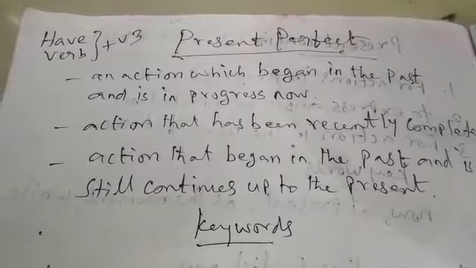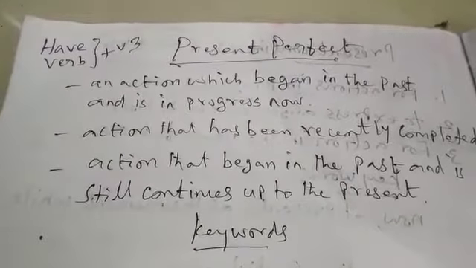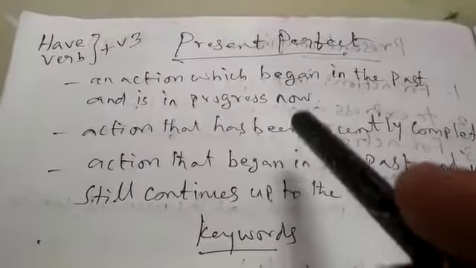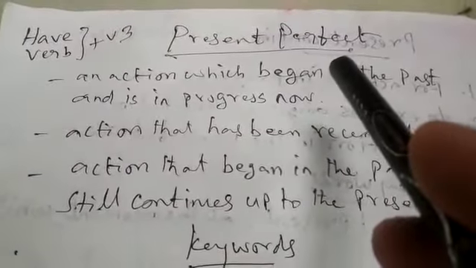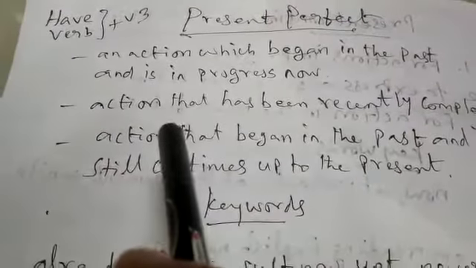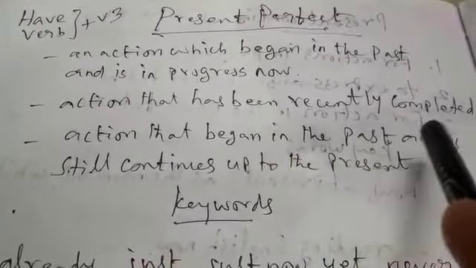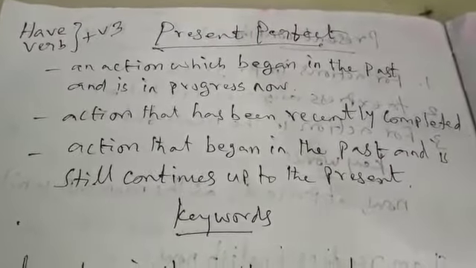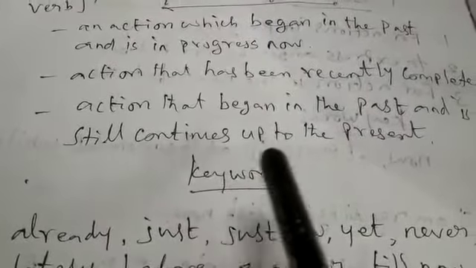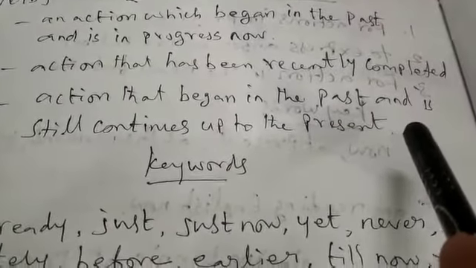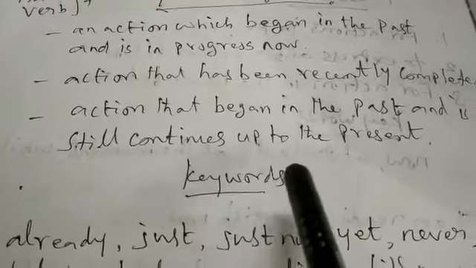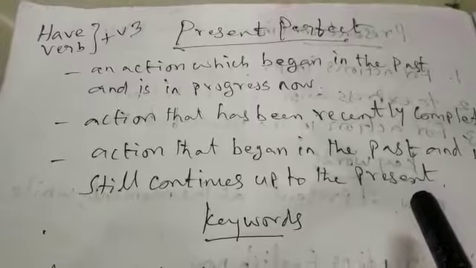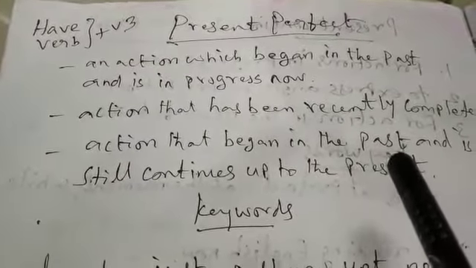There we must use the present perfect tense. Then, an action that has been recently completed. Then, an action that began in the past and still continues up to the present. In these places, you have to use present perfect.